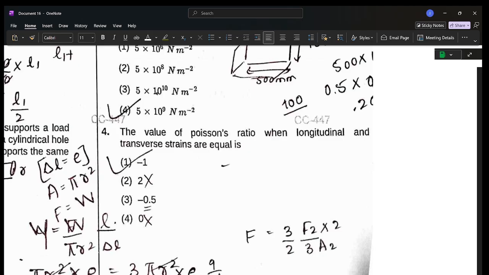And the expanded formula is delta d by, okay, never mind. Okay, it's so tiring. I'll be back.